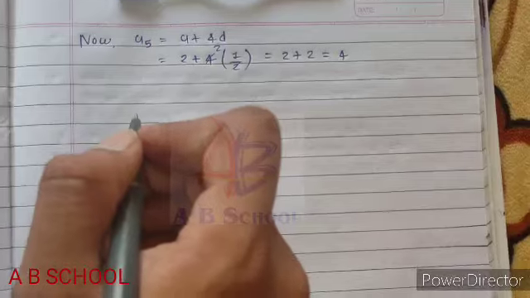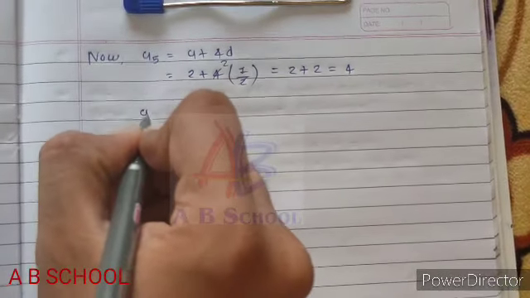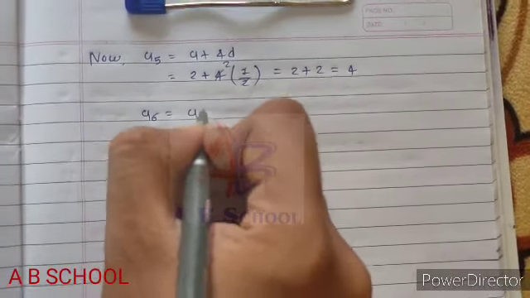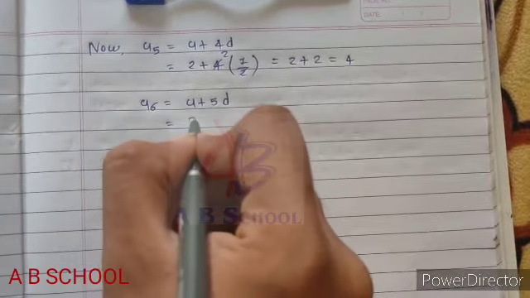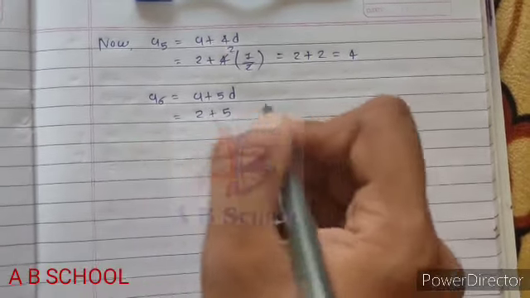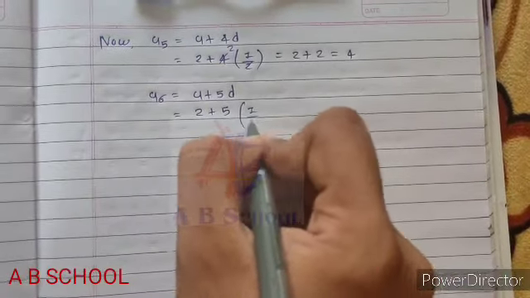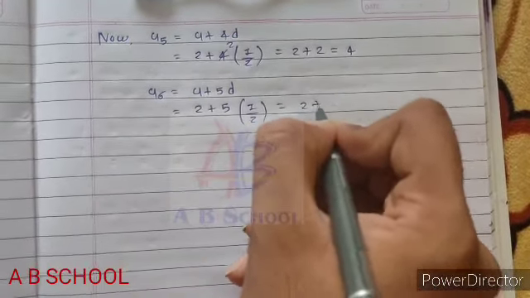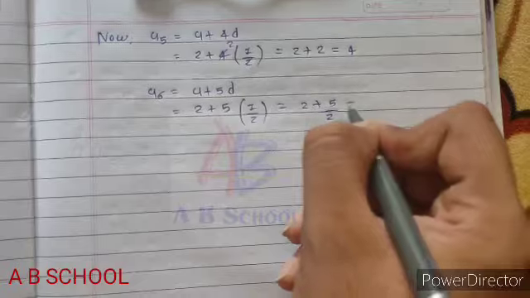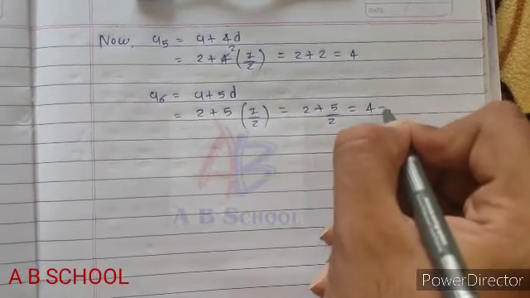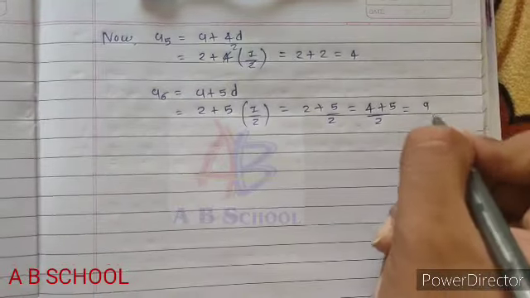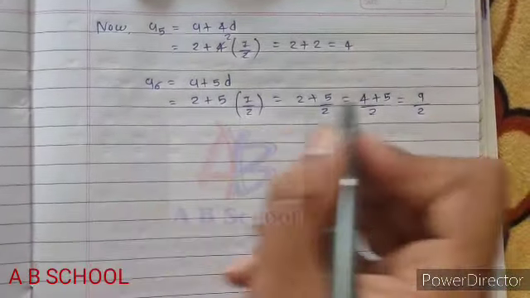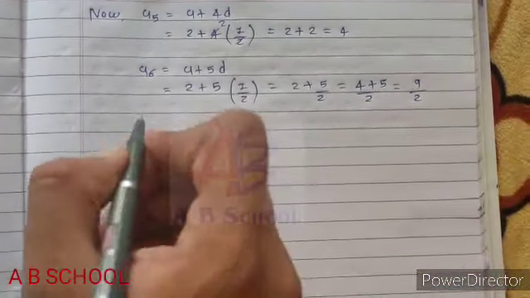Now by using the general form of AP, value of A6 is equal to A plus 5D, which is 2 plus 5 by 2, that is 4 plus 5 by 2, which is 9 by 2. So A6 is equal to 9 by 2.